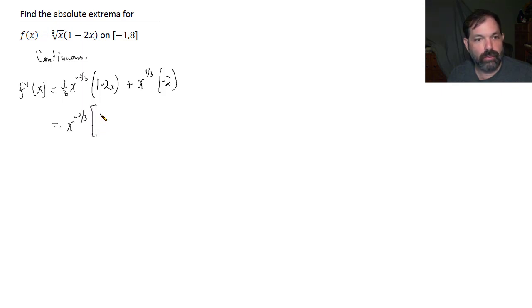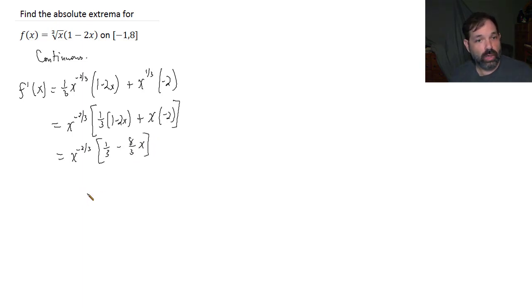So then I'd have 1/3 times 1 minus 2x plus x to the 3/3, so that would be x to the first power, times negative 2. So then that's x to the negative 2/3 times 1/3 minus 2/3 x minus 2x. So minus 2/3 x minus 6/3 x, that's minus 8/3 x.